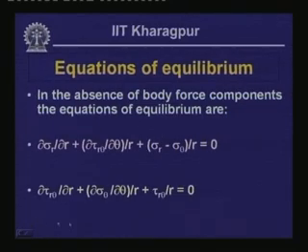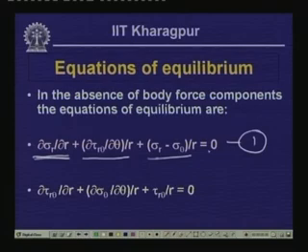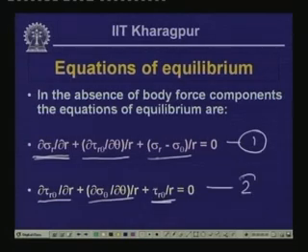Hence, we have del sigma r by del r, as we have observed now, plus 1 by r del tau r theta by del theta plus sigma r minus sigma theta by r equals 0 as the first equation of equilibrium, and del tau r theta by del r plus 1 by r del sigma theta by del theta plus tau r theta by r equals 0 as another equation of equilibrium. So, these are the two equations of equilibrium which are explained in reference to the polar coordinate axis system.